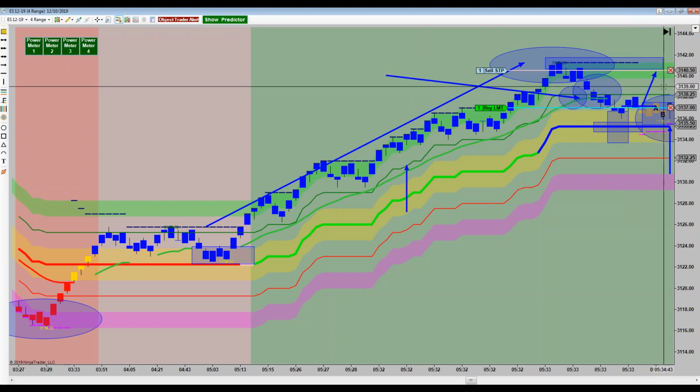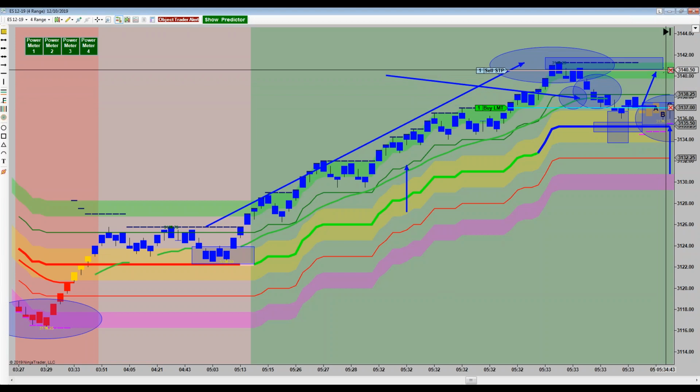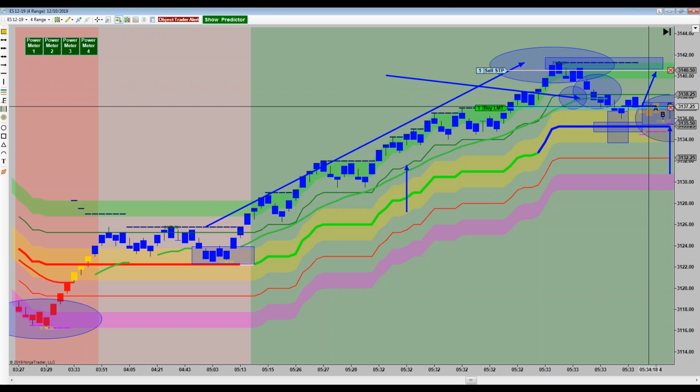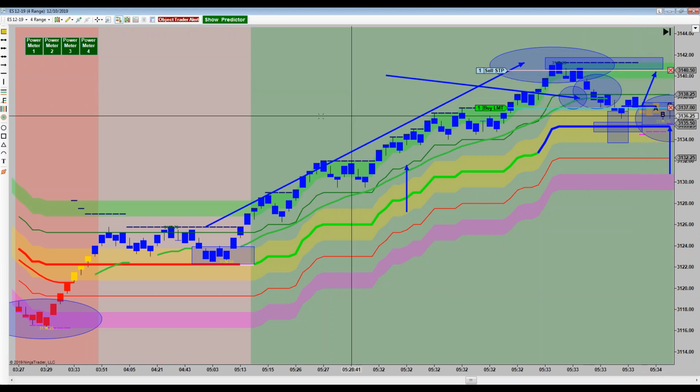This trade is 37 to 40 and a half, which is 3.5 points, and 3.5 times 4 is 14 ticks. So what's 14 ticks worth?